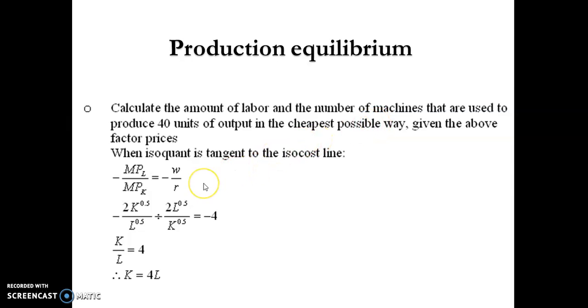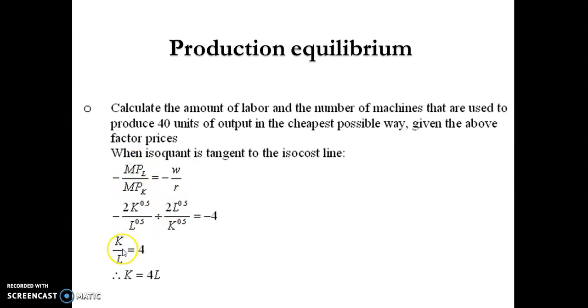We know production equilibrium occurs where the isoquant is tangent to your isocost line, where the slope of your isoquant, which is your marginal rate of technical substitution, the ratio of your marginal products, is equal to the ratio of your input prices, which is the slope of your isocost line.